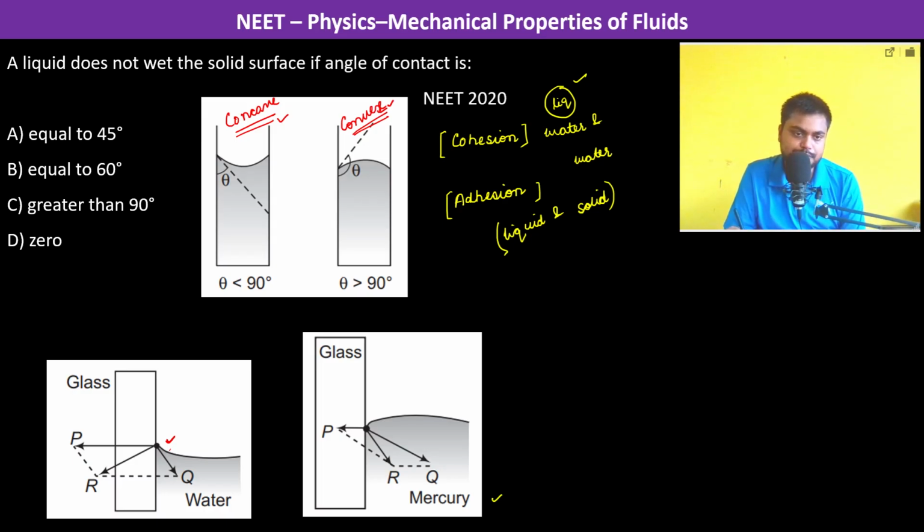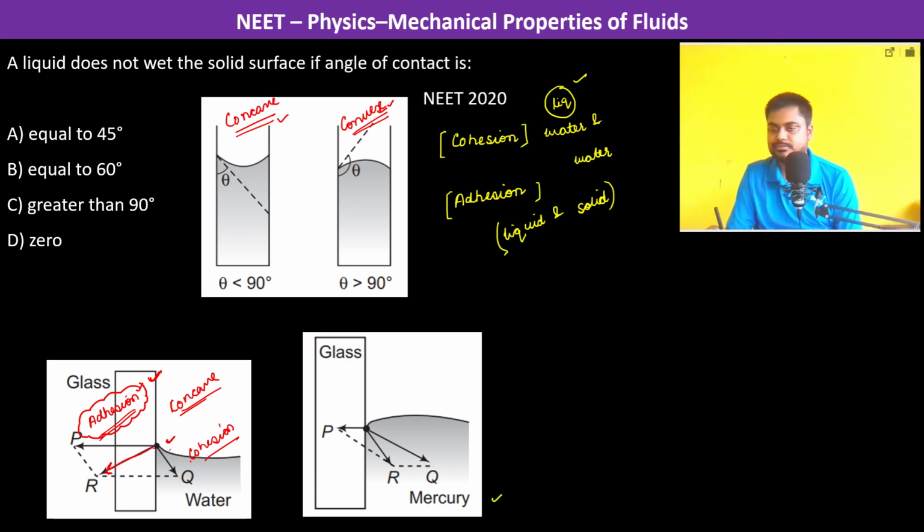So there is a force of adhesion here, and since the force of adhesion dominates the force of cohesion, cohesion being the force of attraction between water and water molecules, adhesion is dominating here. So that's why here it is concave, because the surface is actually pulled towards the solid side.